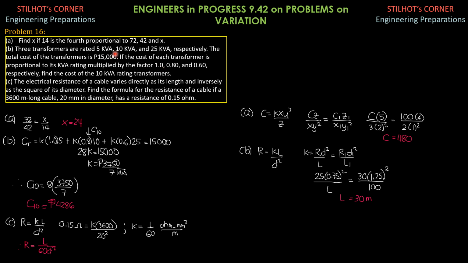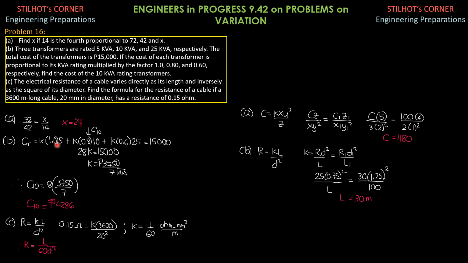For the 5 kVA rating transformer, it is the constant of proportionality times the factor 1.0 times the kVA rating, which is 5. Then for the 10 kVA rating, it is a constant of proportionality.